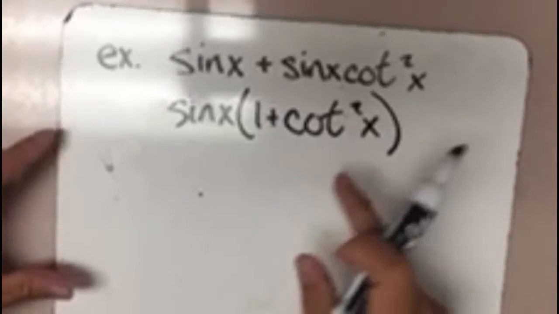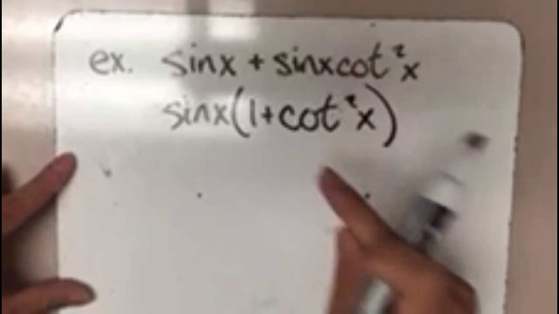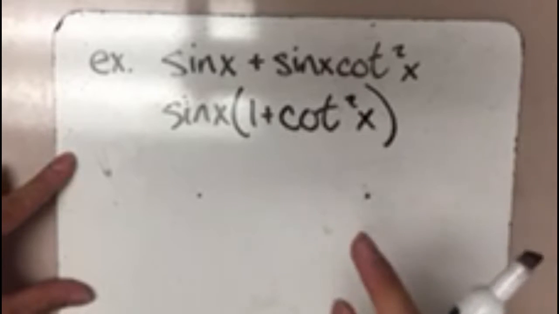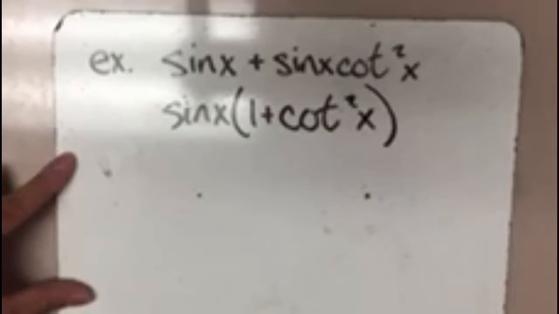So you take out the sine, and then the sine in the original equation becomes a 1, and it becomes 1 plus cotangent squared x. After that, you use the Pythagorean identity, which is 1 plus cotangent squared x equals cosecant squared x.